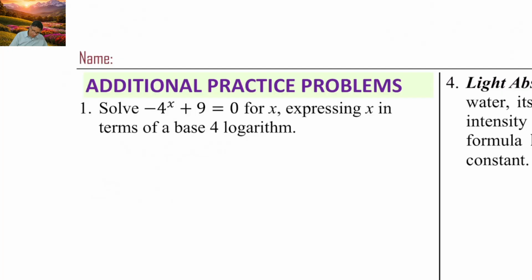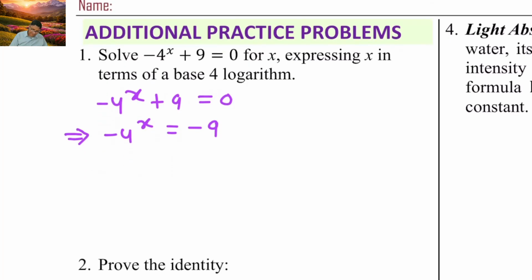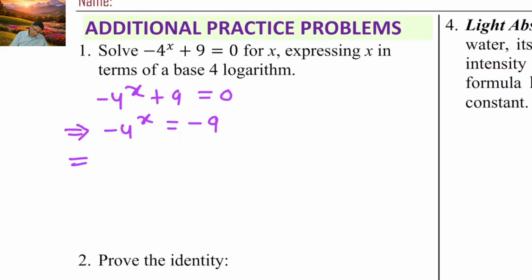Please do it yourself and check with me. That is our given equation. I want to solve for x, so I'm going to take the constant number to the right side. Both sides are negative, so I can multiply by negative 1.